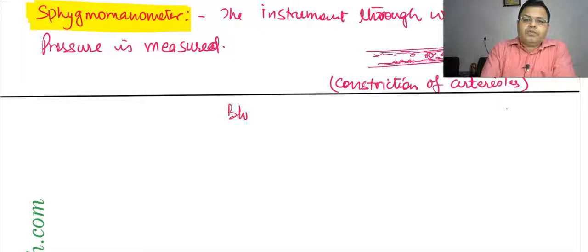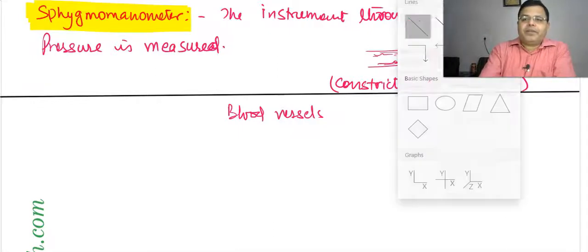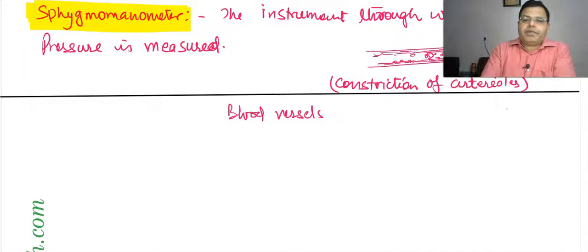Blood vessels are of three types, and we can categorize them in three different ways.